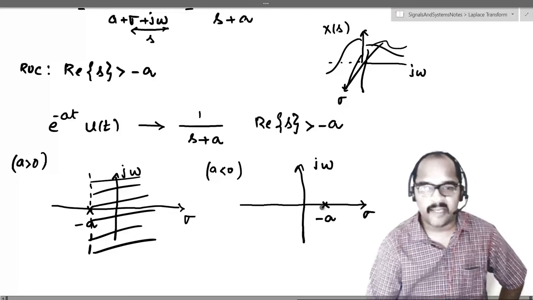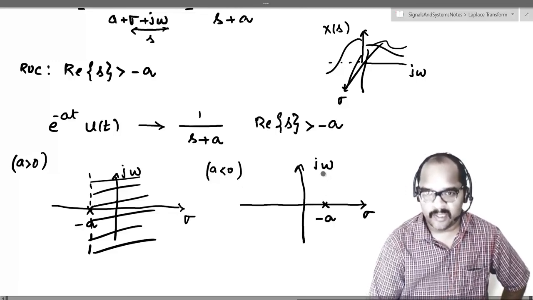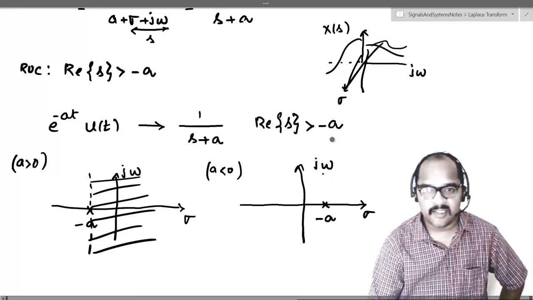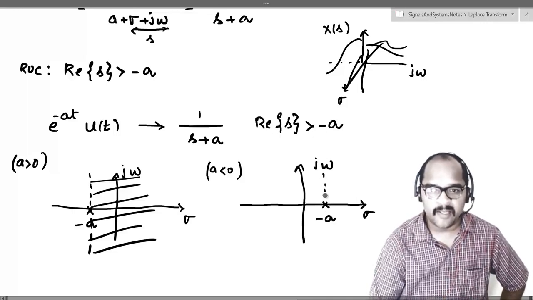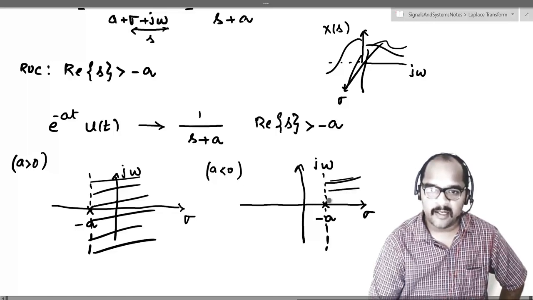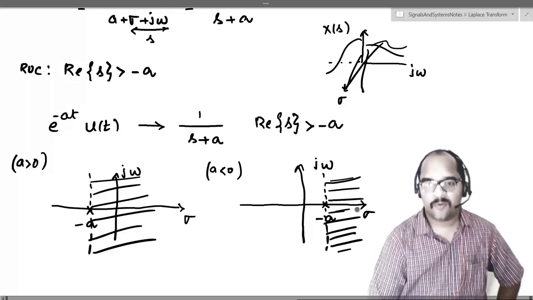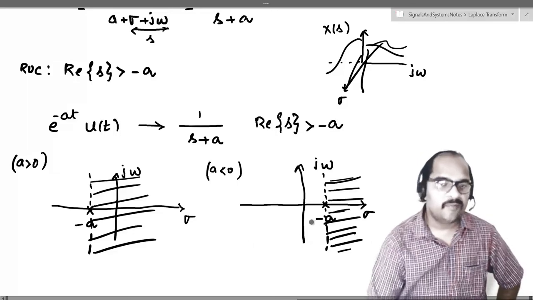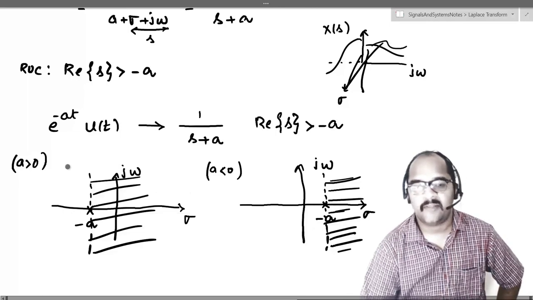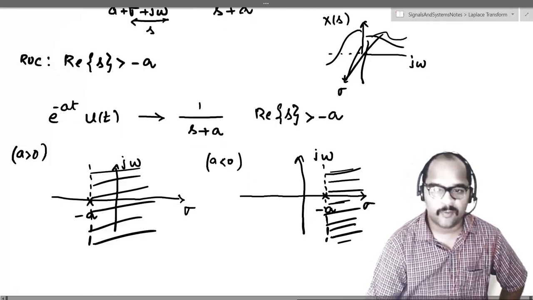Because a is negative, minus a would be positive, and hence you have a pole here. So what will be the region of convergence? That is again real part of s greater than minus a. So this is the location of minus a, and greater than minus a would be this region. That would be the region of convergence for both cases, when a is greater than 0 and when a is less than 0.